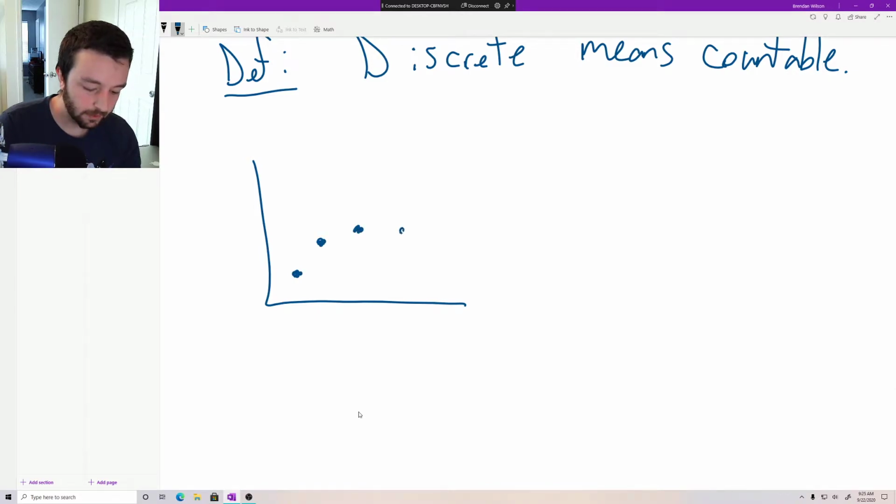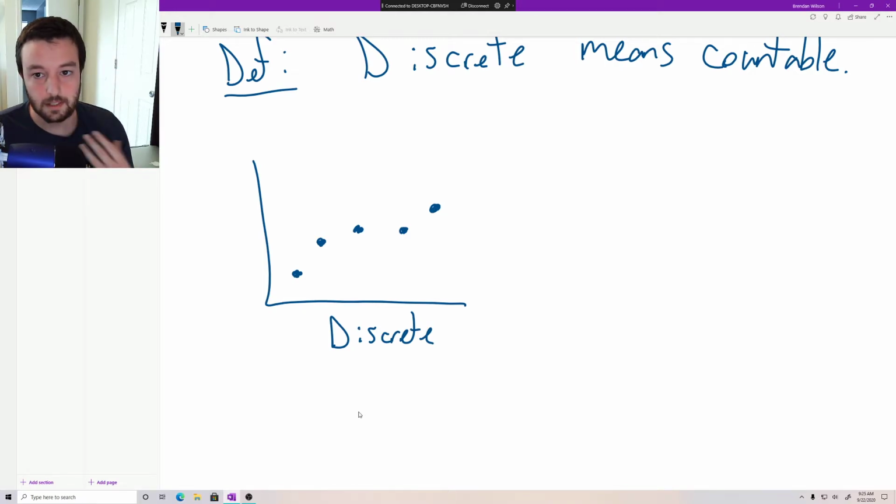There would be a bunch of dots. Maybe it's like the number of dogs that you own. You ask a bunch of students, how many dogs do you own? And it's like 1, 2, 7, 0, 0, 4, etc. They're all just numbers that we can count. And when we graph them, it would just look like a bunch of dots.